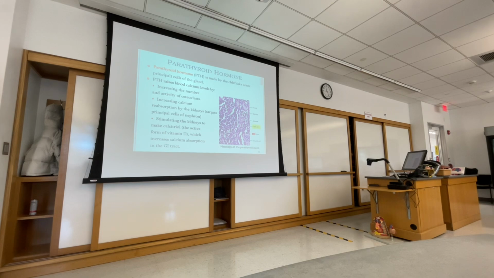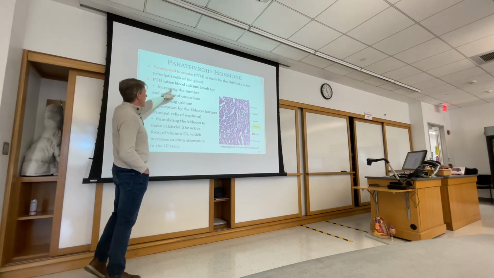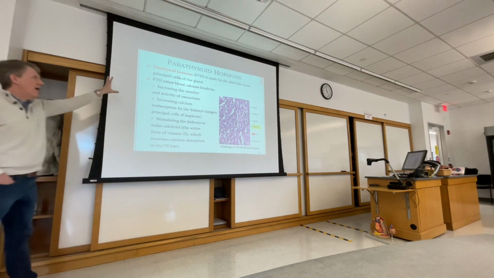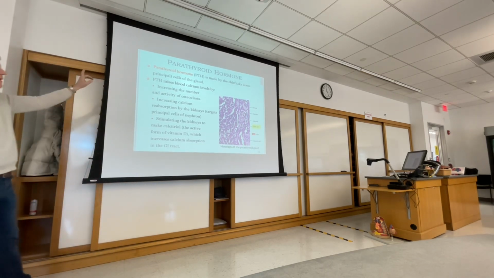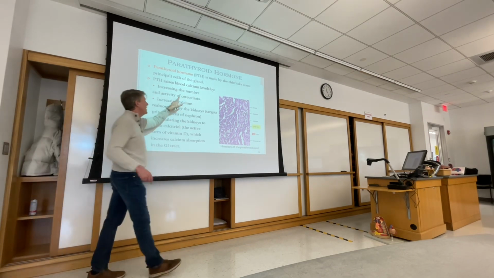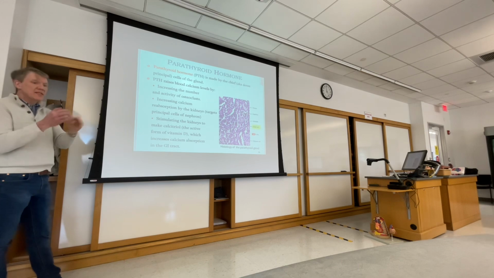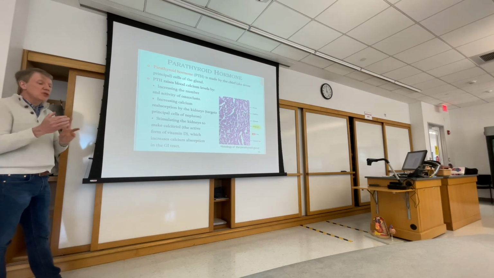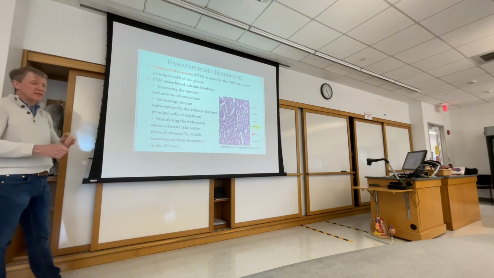How PTH works is kind of the exact opposite of calcitonin, but it's a little bit more complicated because it does a couple of things. So first of all, it basically works the opposite way of calcitonin in that it's going to turn on the osteoclasts, and it's going to turn off the osteoblasts.